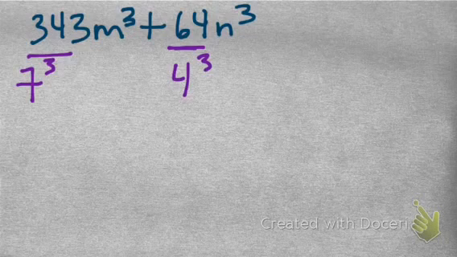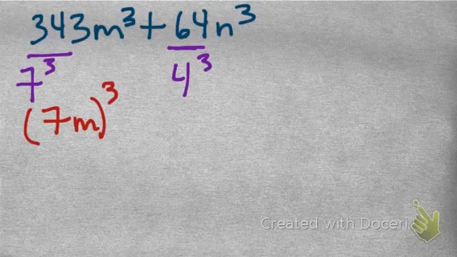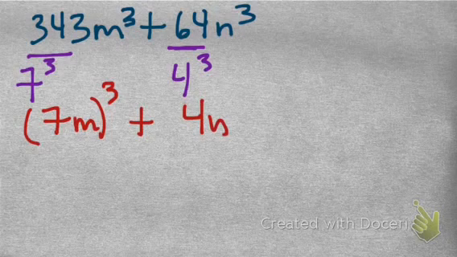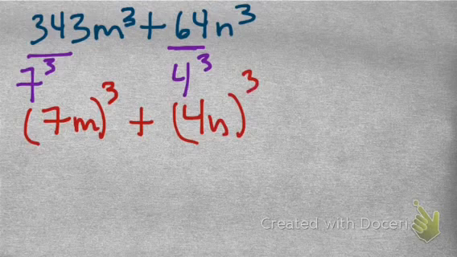And an n cubed. So I could write my first term as the quantity of 7m all cubed. I've got 3 copies of 7m. And I can write my second term as a 4n quantity cubed, because we just went over that if I've got something raised to a cube like that, then the powers are found by multiplying the outside exponent to the inside ones.